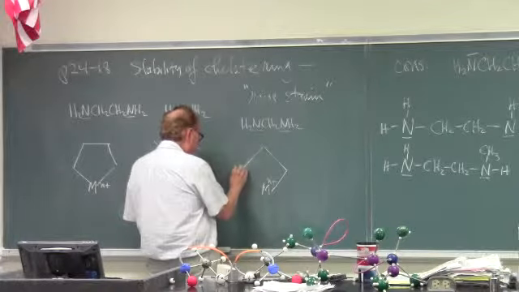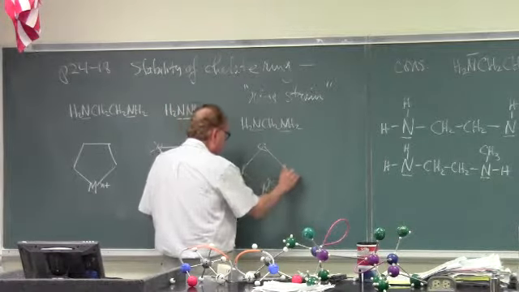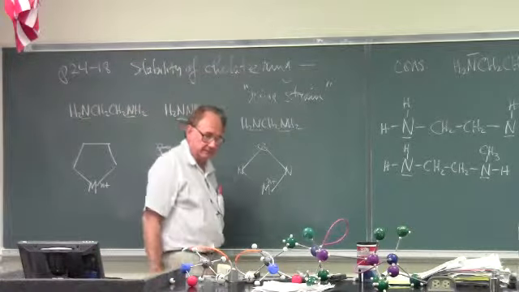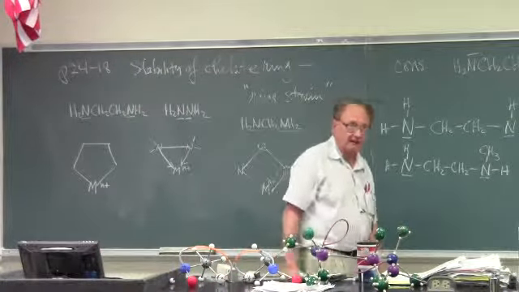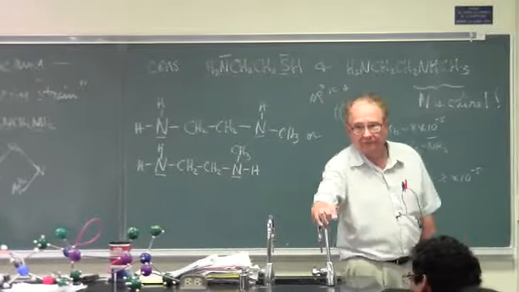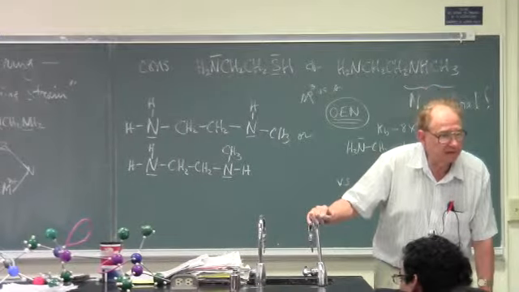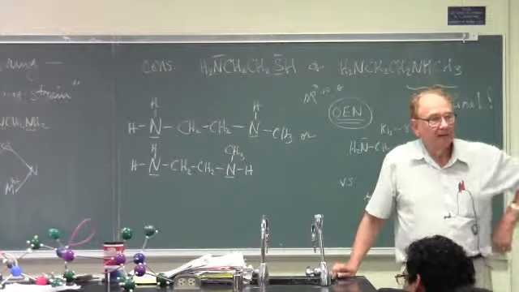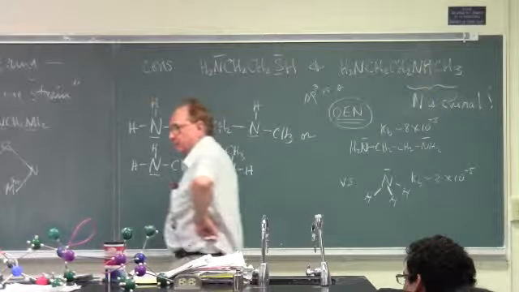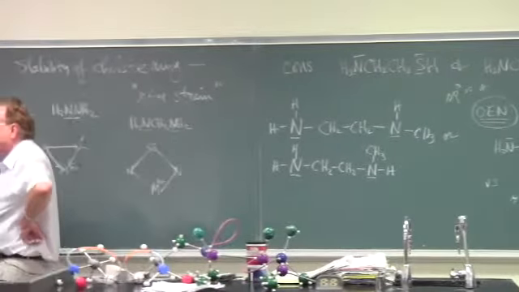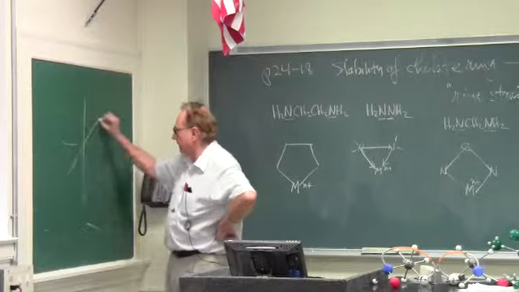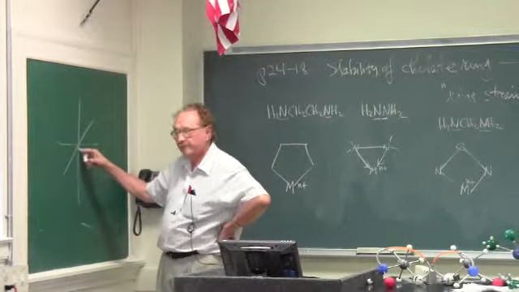Now, if methylene diamine makes a chelate ring and the complex is octahedral, what kind of bond angle do we find at the position of the metal ion? We've looked at octahedral complexes many times now. Here's where the metal ion is.